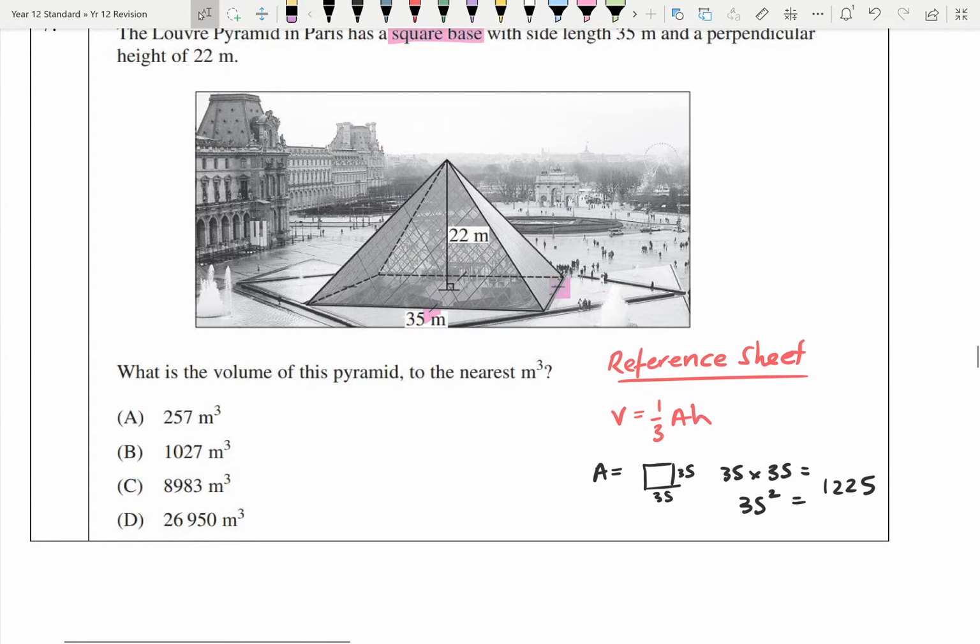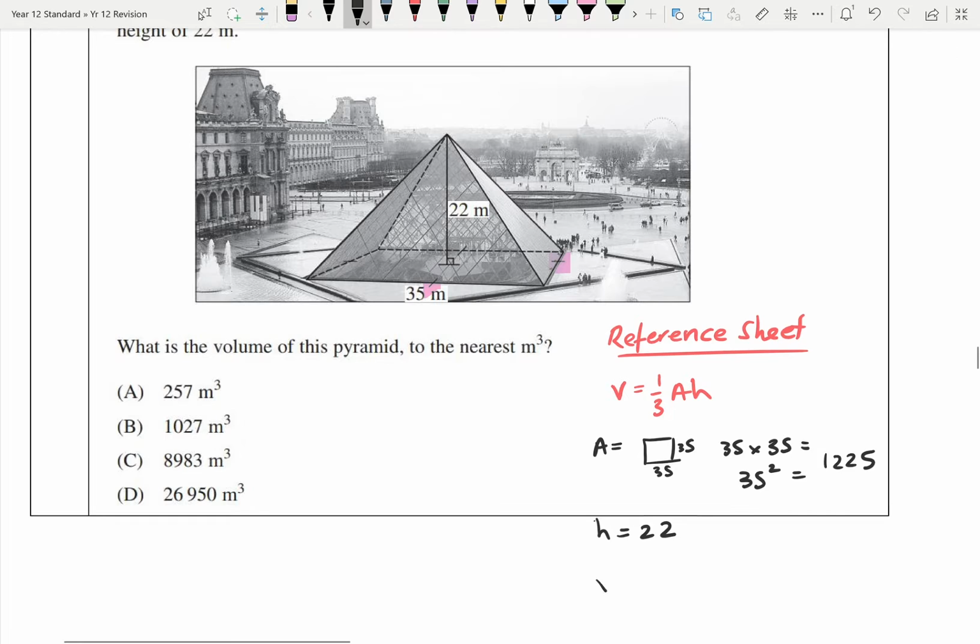And again, they've given that to us. If they wanted to make this a harder question and possibly use it in an extended response later down the track, maybe they'd give you some other measurements and get you to do maybe Pythagoras to figure out what that height is, but at its core, it's just using this formula. Okay, so the height, well, that's 22.